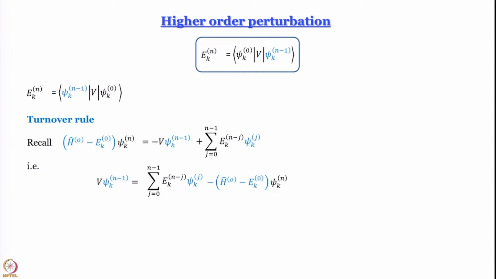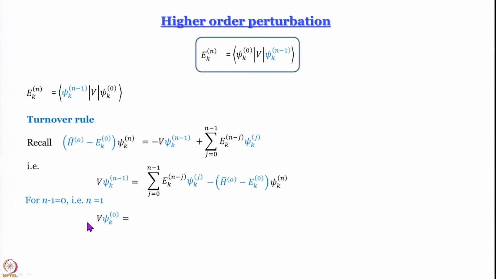This is what you have. Now what am I looking for? I am looking for V psi k 0th. My purpose is to simplify this Ket vector in the integral. So, I put n minus 1 equal to 0, because here I have n minus 1. So, I put n equal to 1 essentially.